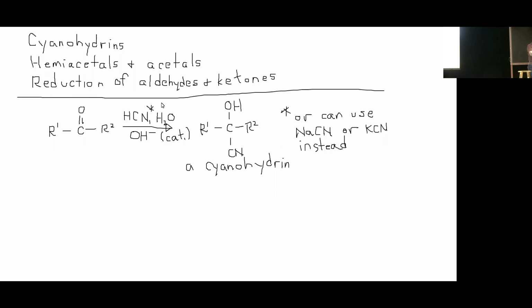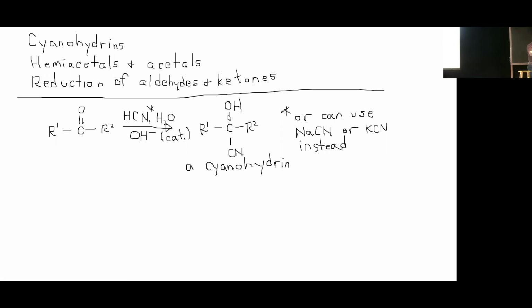And the way your book introduces it, and they're not wrong, is that we treat that aldehyde or ketone with aqueous hydrogen cyanide in the presence of a catalytic amount of base. So you just need a little speck of base. And you wind up adding the equivalent of HCN across that carbon-oxygen pi bond. And I think you can see what we get as a result.